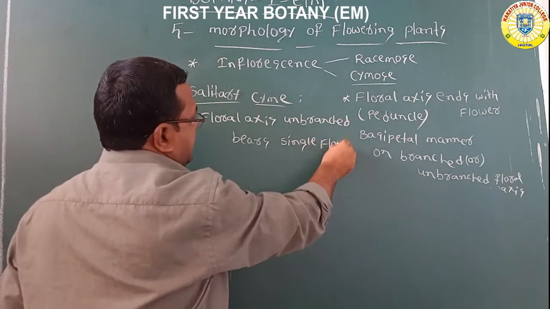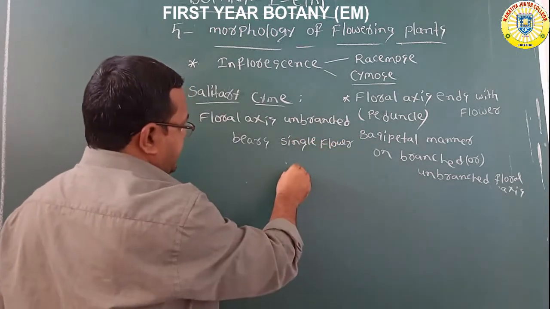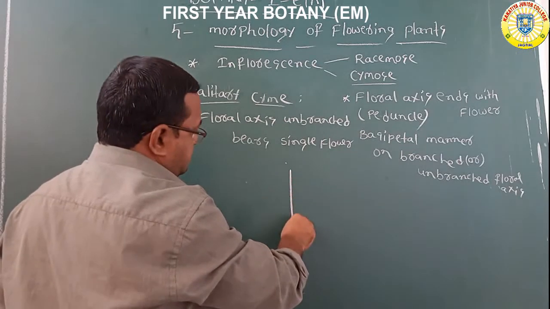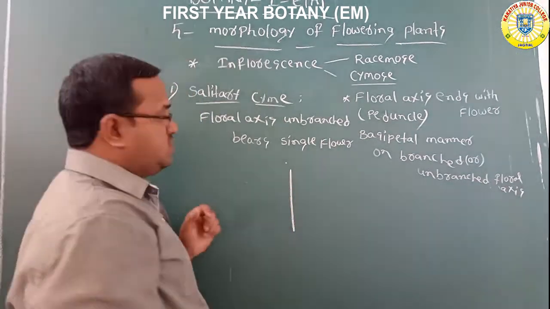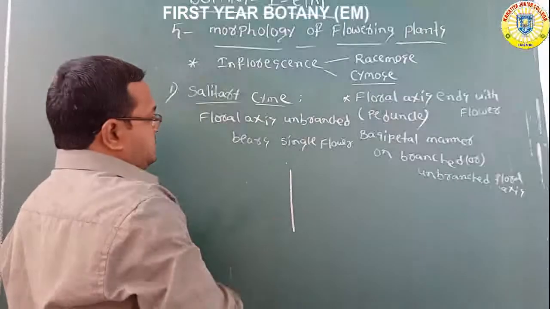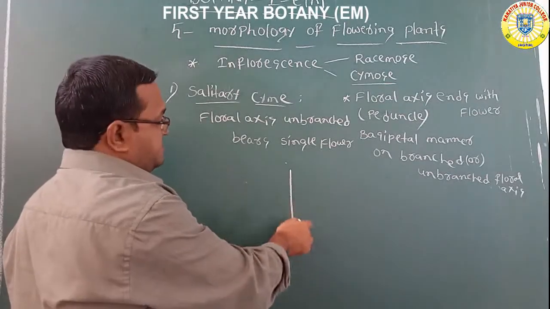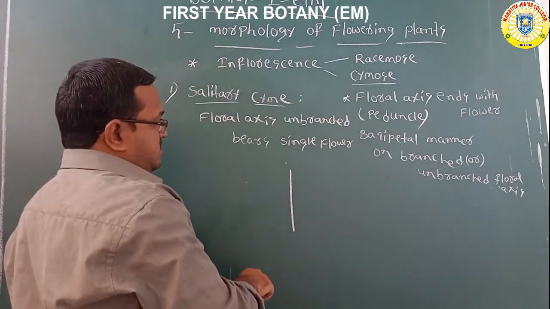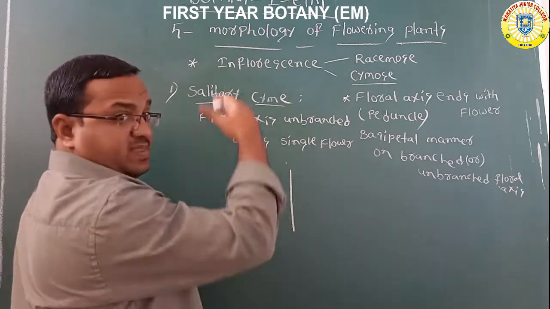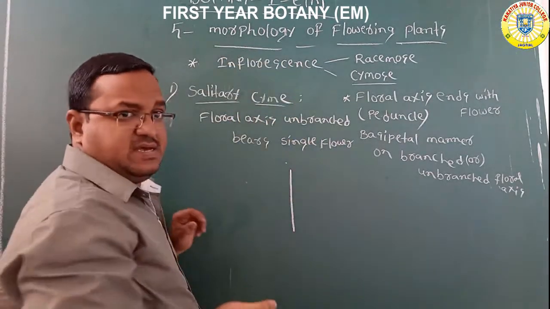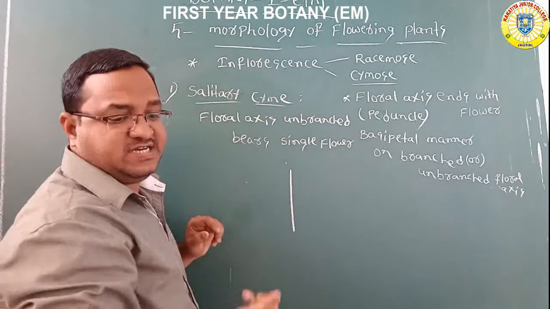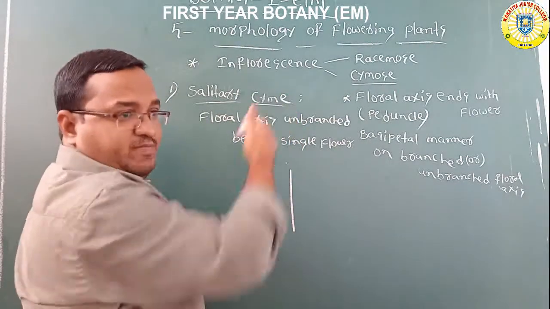Okay, here the floral axis is there. The floral axis is unbranched, so flowers are developed on the floral axis in basipetal manner, meaning top to base.